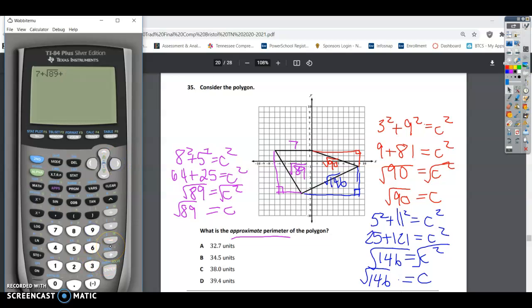All right, get the plus on the outside of the square root or it won't work correctly. All right, and then the next one is the square root of 146 and then plus the square root of 90. And then when I add those four sides together, that gives me approximately 38.